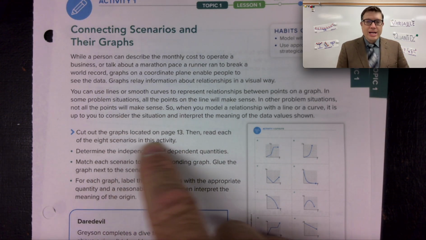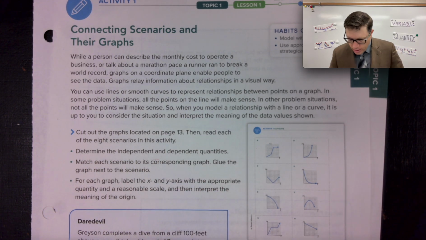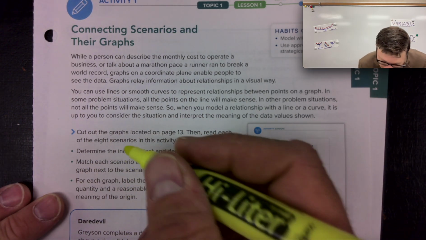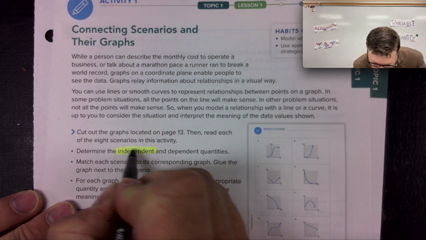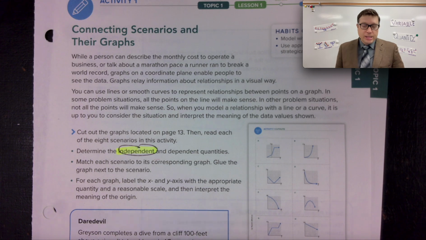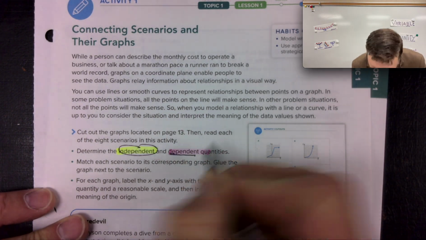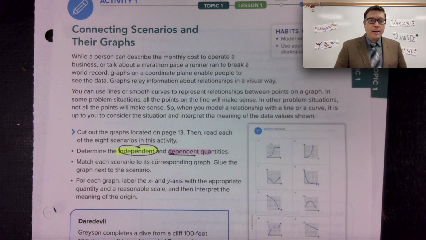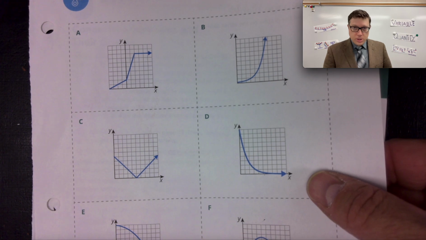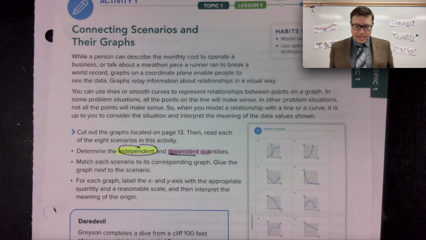We're going to read each of the 8 scenarios in this activity. We're gonna determine the independent and dependent quantities. And reminder, I'm being consistent with my highlight scheme. I'm gonna highlight / circle the independent quantity. I'm going to highlight / underline the dependent quantity. Then we're going to match each scenario to its corresponding graph and glue the graph in the space next to the scenario.